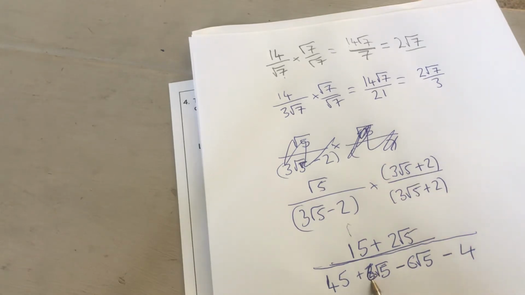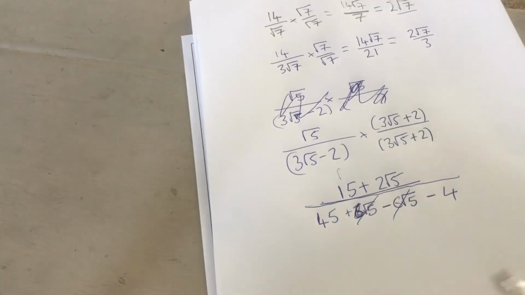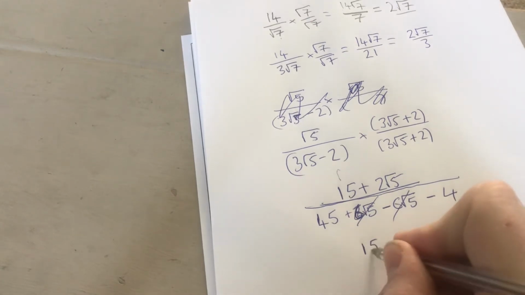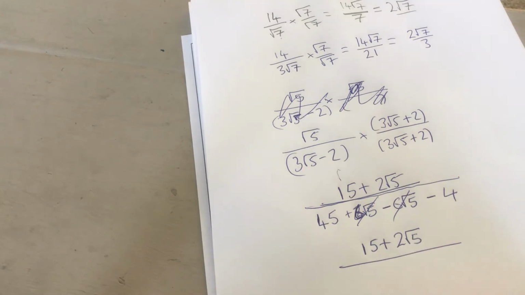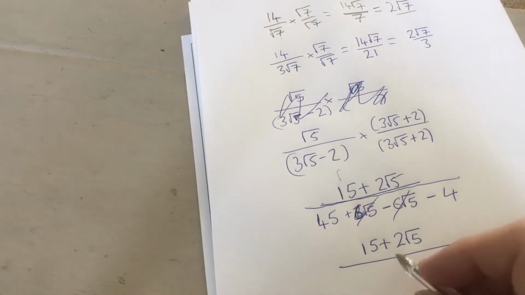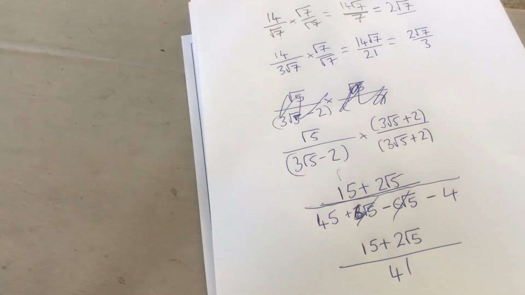So we look here, we've got a positive 6 root 5 minus 6 root 5. They cancel out. That's why we do this bit here. We do the same thing, but with the opposite sign. So we're left with 15 plus 2 root 5 over 45 minus 4, 41.